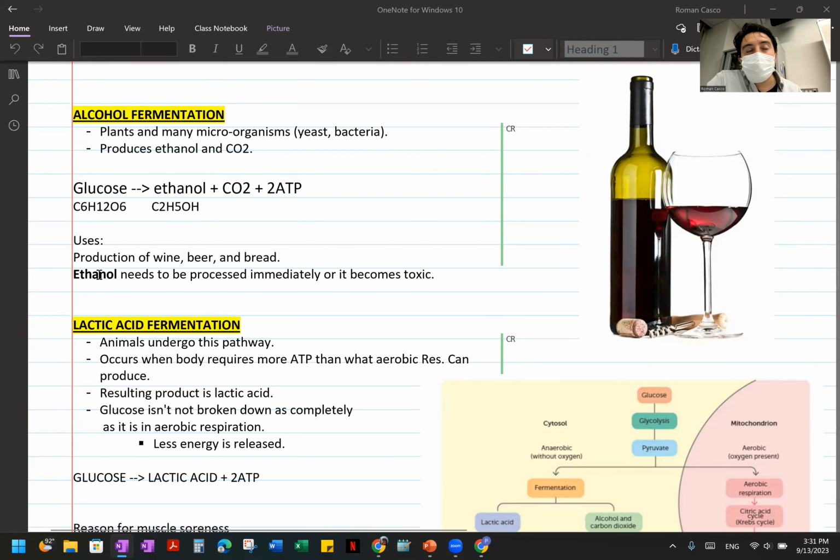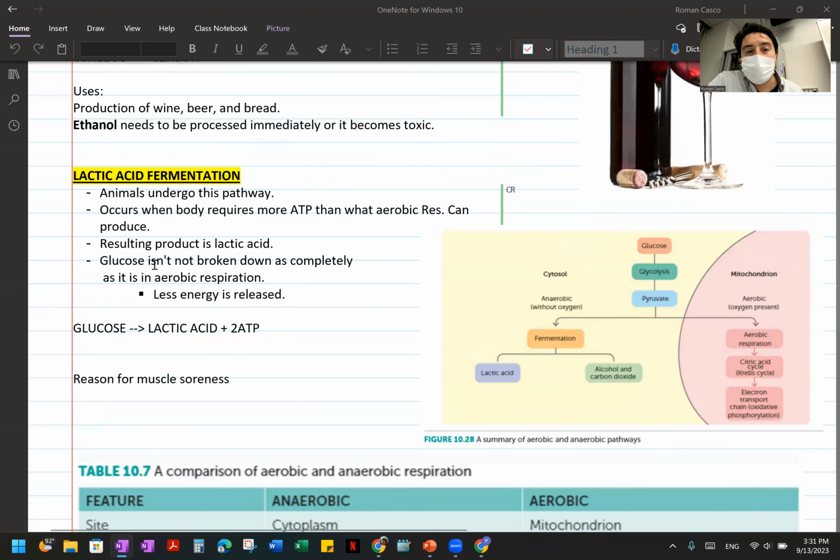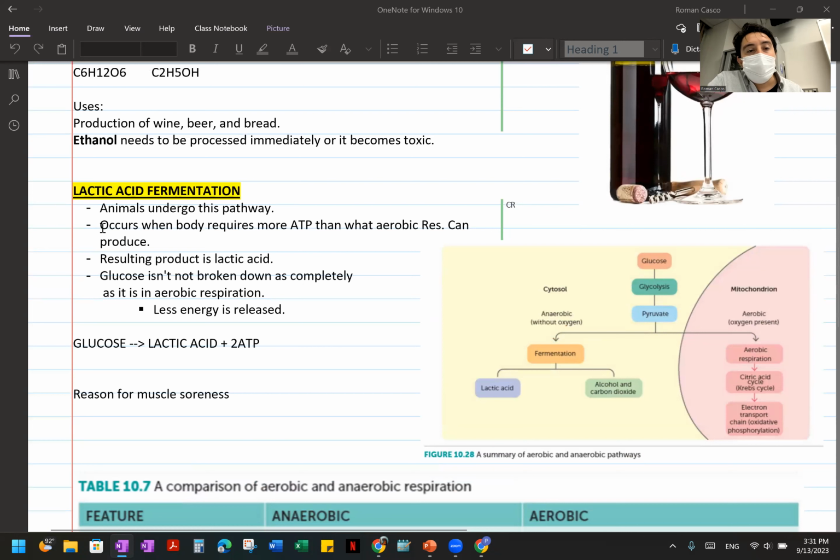Either it processes it or it could be damaging for the cell. So you don't want to rely on this chemical reaction, alcohol fermentation, for too long.